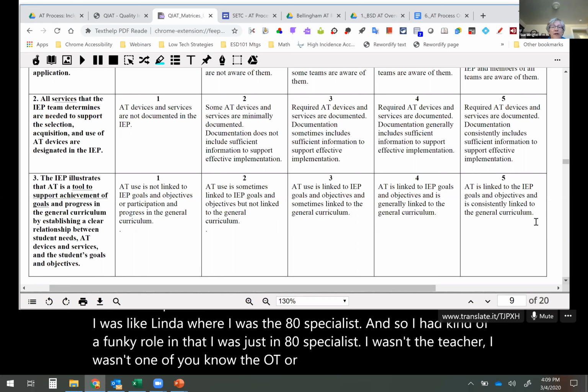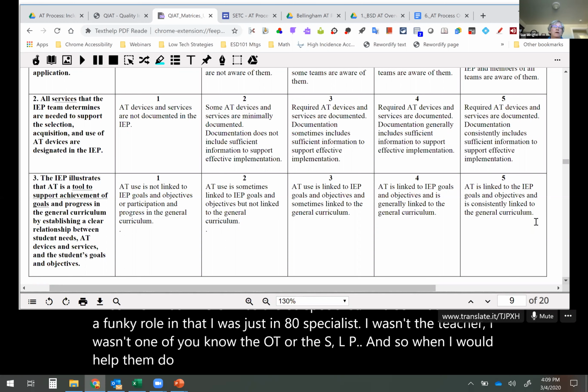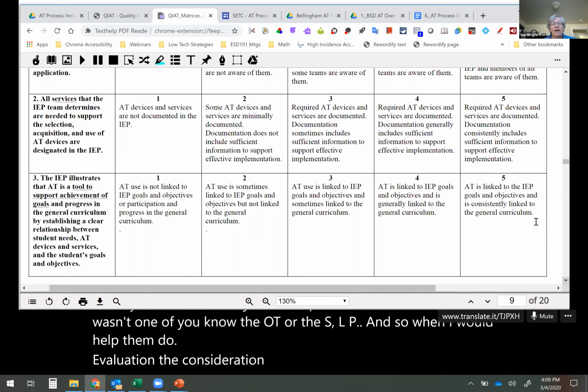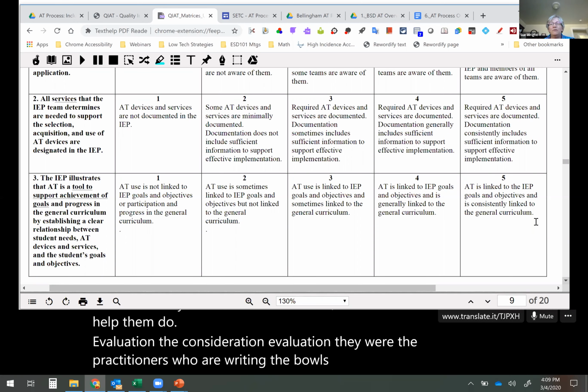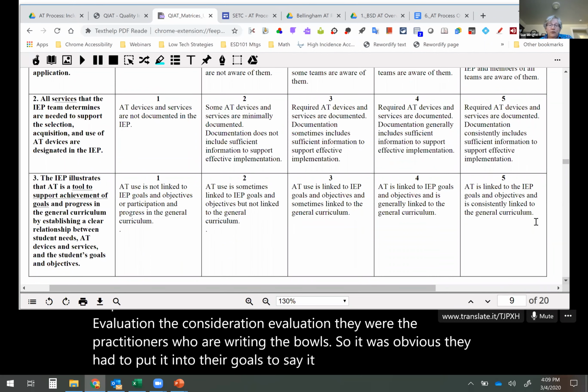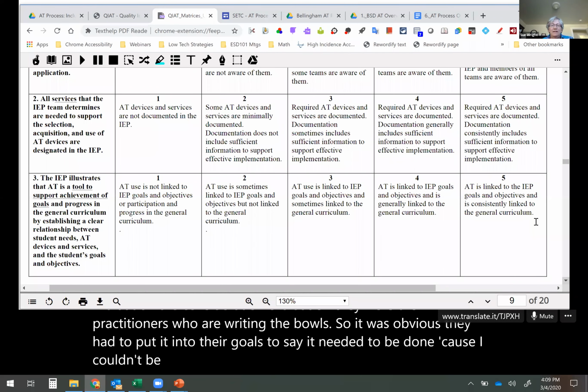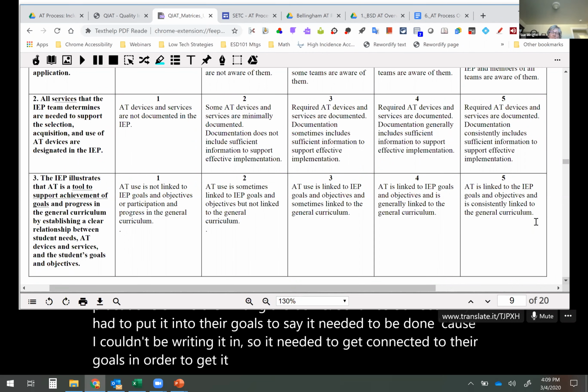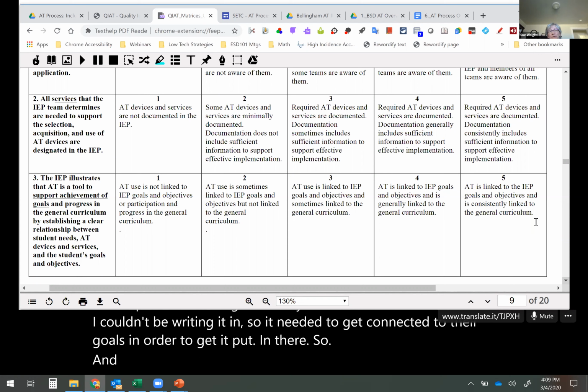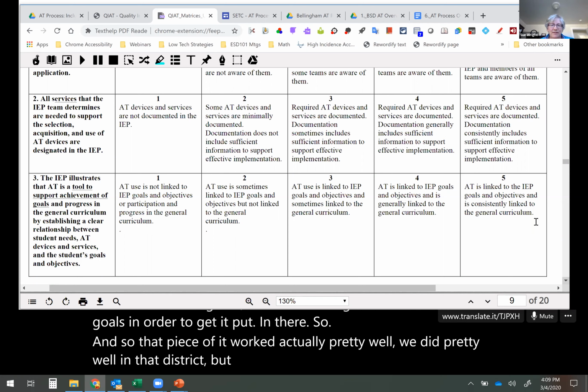And so when I would help them do the consideration, the evaluation, they were the practitioners who were writing the goals. So it was obvious they had to put it into their goals, because I couldn't be writing it in, so it needed to get connected to their goals in order to get it put in there. So that piece of it worked actually pretty well. We did pretty well in that district, but like you said, Kristen, we'd gone through the process, so that's why.